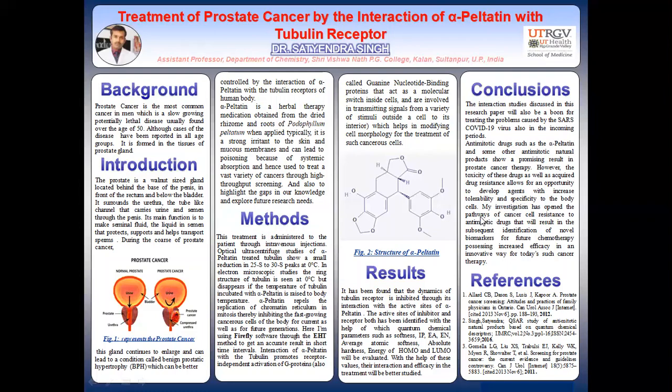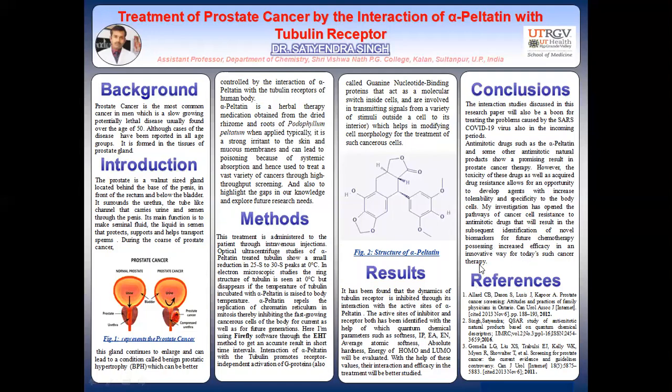My investigation has opened the pathway and door to cancer cell resistance to antimitotic drugs, which will result in the subsequent identification of novel biomarkers for future chemotherapy, suggesting increased efficacy in an innovative way for today's cancer therapy.